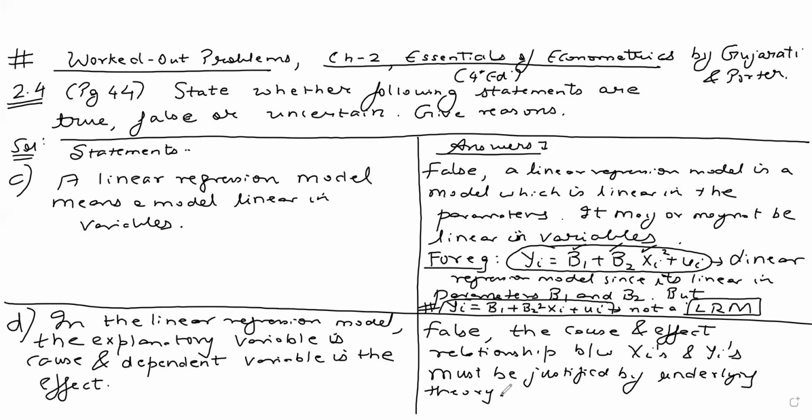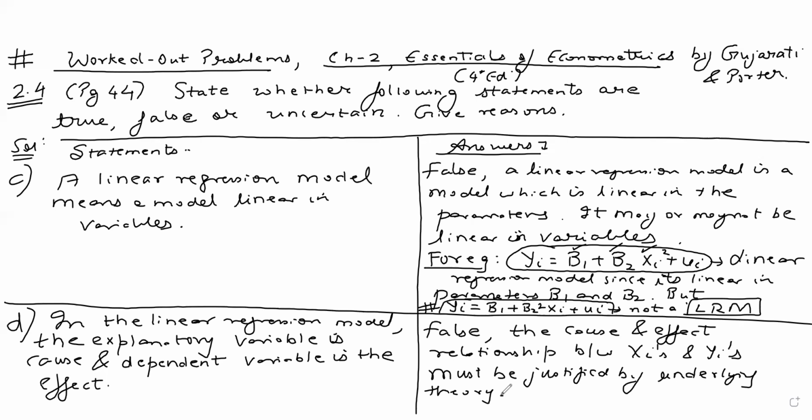Okay, so in the beginning of our lectures on linear regression only, we had clearly mentioned that when we talk about a linear regression, it does not show the cause and effect relationship. It just shows the degree of relation between the explanatory variable and the dependent variable. The cause and effect relationship must be justified from the underlying theory.